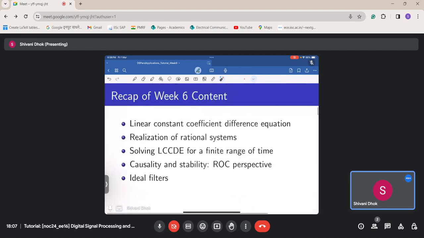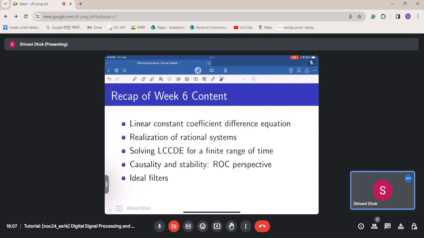So in this week, we started with the linear constant coefficient difference equation, which comes from the rational Z transform of a system. That is, if I have a system with a valid Z transform in a rational form, then that system can be represented using this linear constant coefficient difference equation.